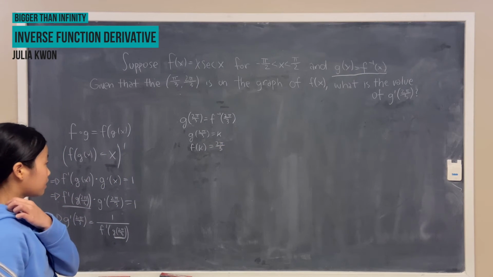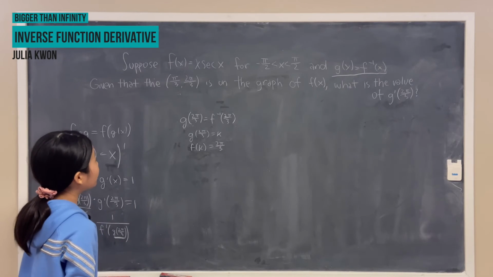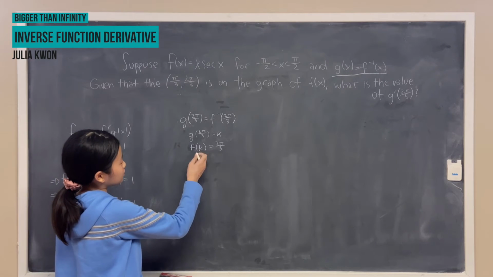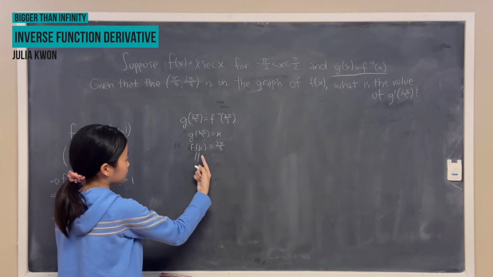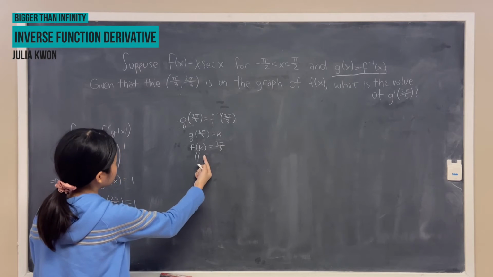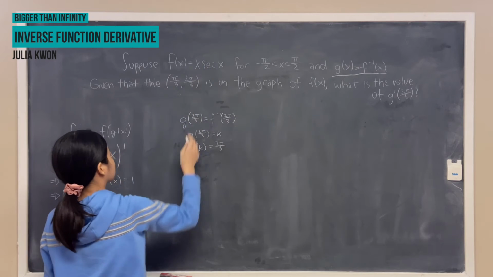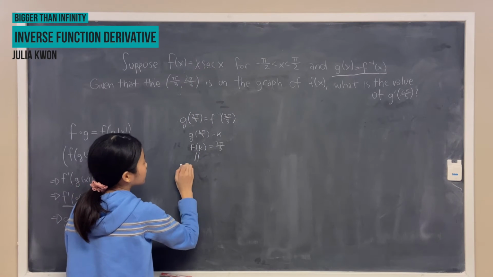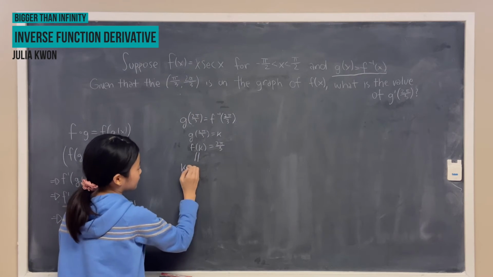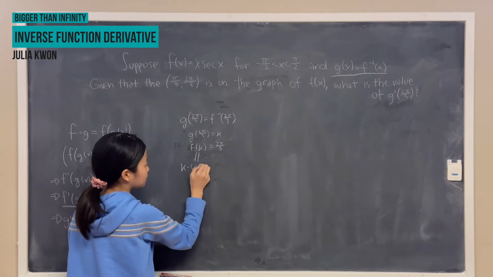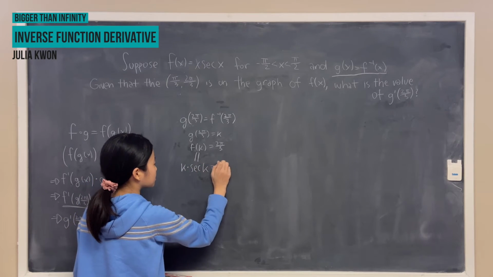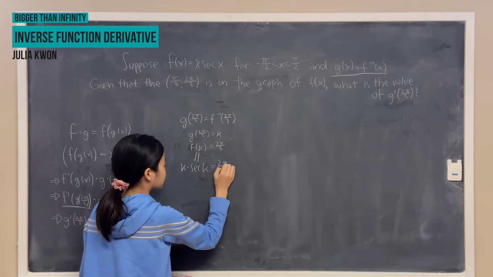So we can just put x equals k into the function. So then we would get k times secant k equals 2 pi over 3.